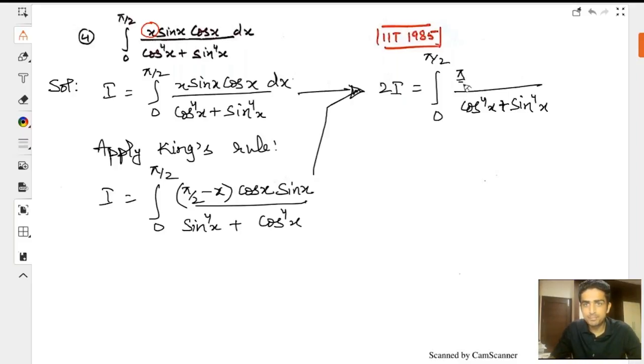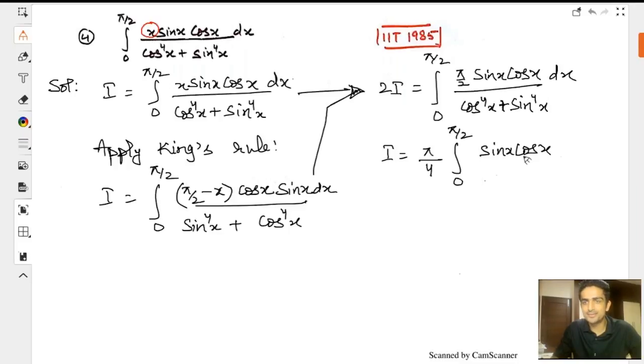And you are left with pi by 2 sine x cos x. So now at least x is gone. So your I is, let me take this pi by 2 outside, divided by 2, it becomes pi by 4. So we get this thing.